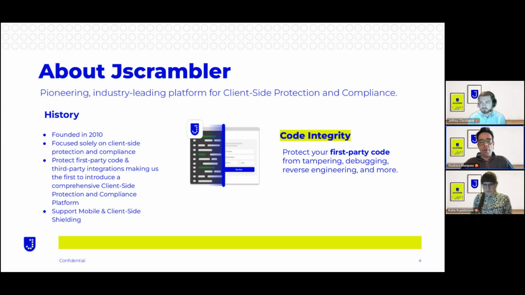Protection from tampering, debugging, reverse engineering, and even more. Our priority at Jscrambler is to keep the web applications of our customers secure, while also ensuring compatibility across various script frameworks and languages, and we do all of this without impacting the performance of the applications. With our advanced obfuscation tools, we aim to ensure that developers can implement robust security measures in their applications with peace of mind.